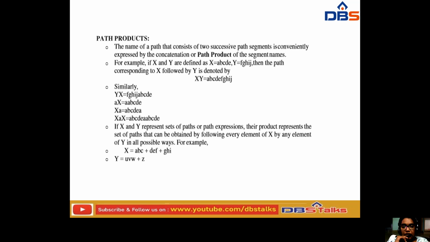So if x and y represent sets of paths or path expressions, their product represents the set of paths that can be obtained by following every element of x by any element of y in all the possible ways.